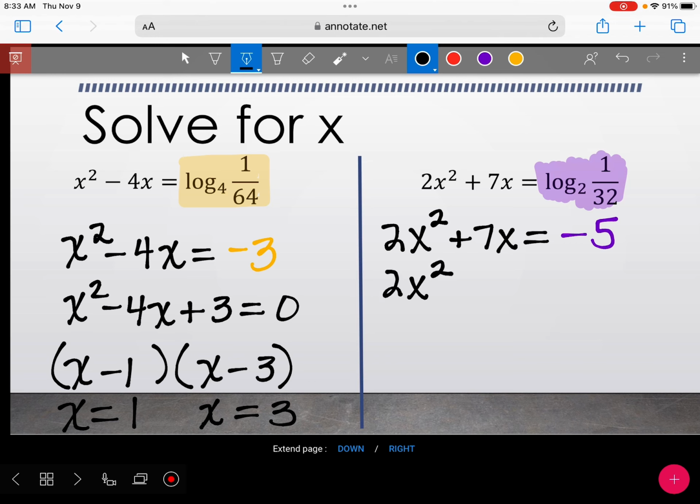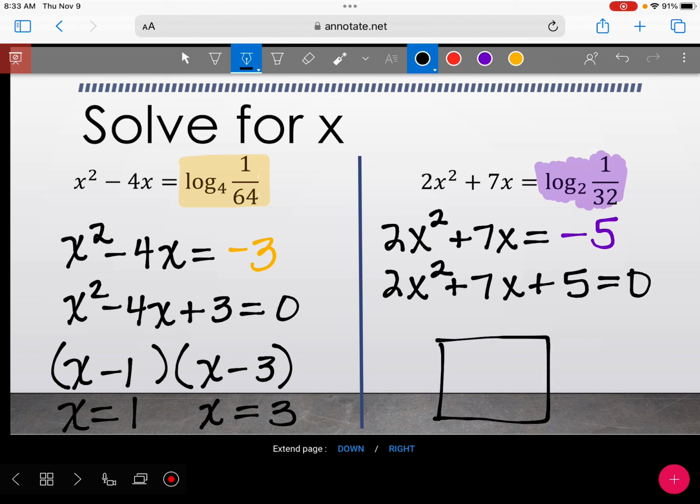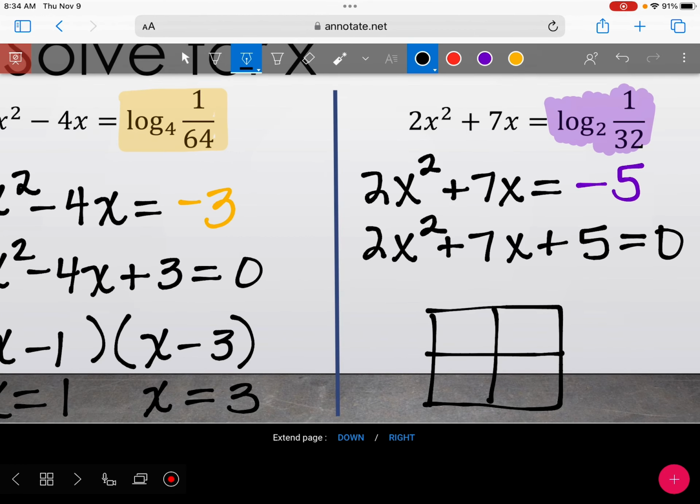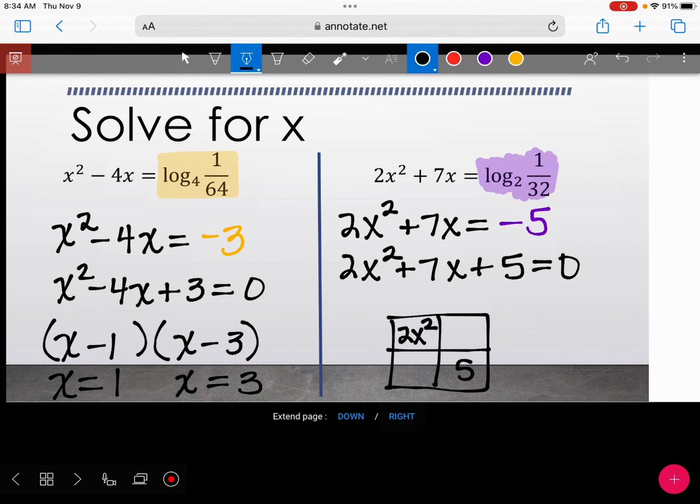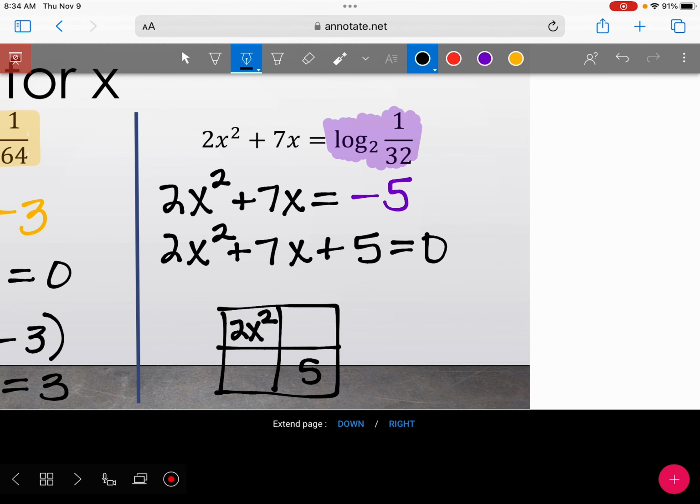Now this time, though, we have to make a box because A is 2. So the A term would go here, the C term goes there. We need two numbers that multiply to be 2 times 5, which is 10, and add to 7.